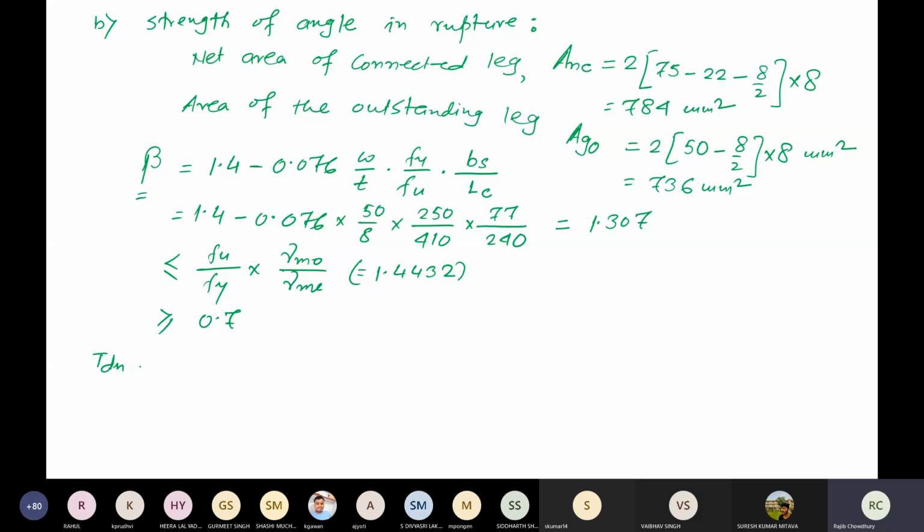So I am going to employ the similar formula over here, 0.9 times fu times Anc, the net connected leg area, and the fu corresponds to each other, divided by gamma m1, plus beta, which is the shear lag effect, associated with the outstanding flange, multiplied by fy divided by gamma m0.